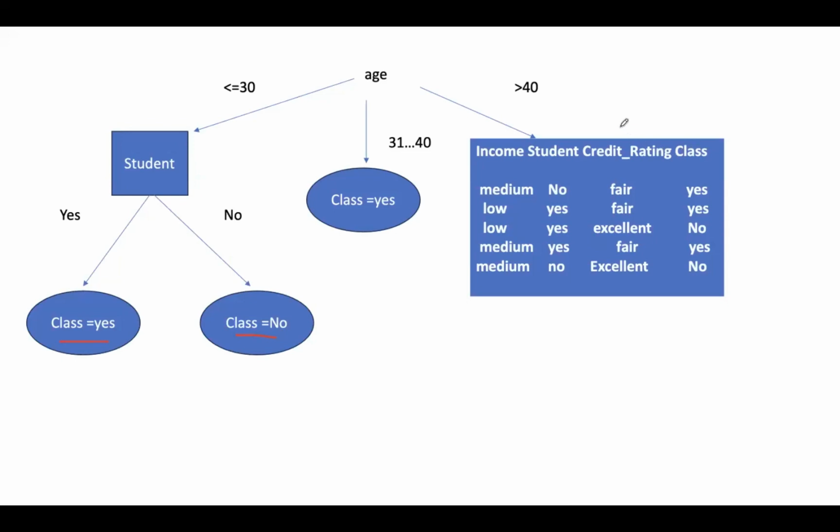Now we need to focus on the right part of the tree. Just like how we calculated gain for all attributes in the left part, we use the same approach for the right side. So calculate gain for income, student and credit rating.